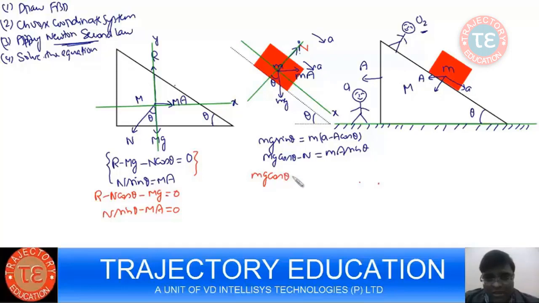So the net force in the y direction, mg cos theta minus N minus ma sin theta is 0. And you have an acceleration a towards x, so I can write the net force in x direction, mg sin theta plus ma cos theta.